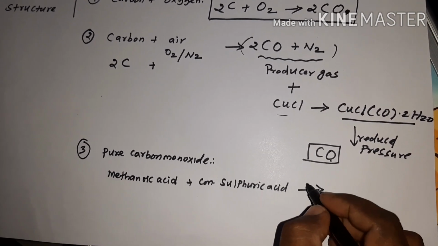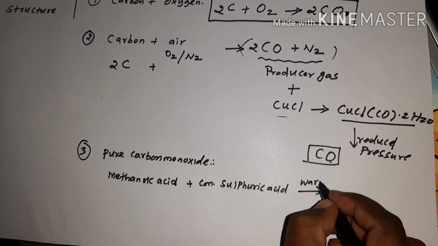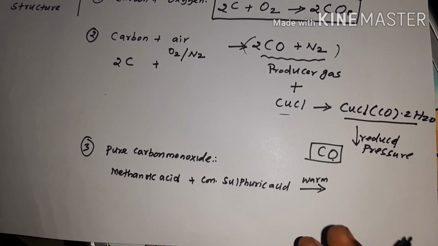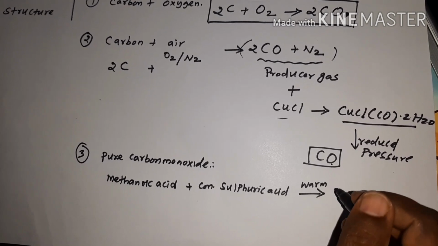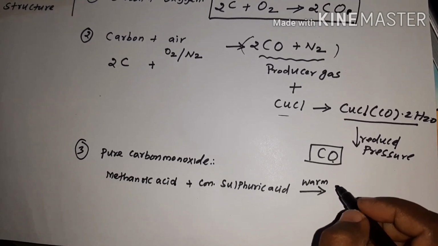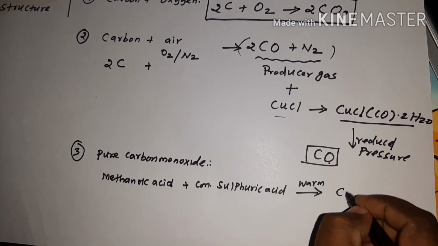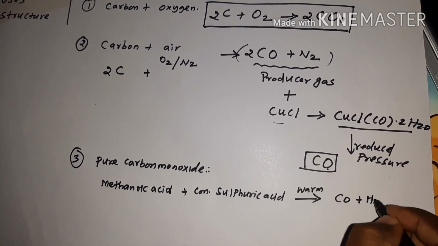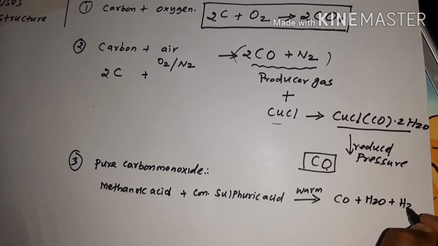The mixture should be warmed, heated a little, so it is called warming. Finally we get carbon monoxide, then water, also sulfuric acid.